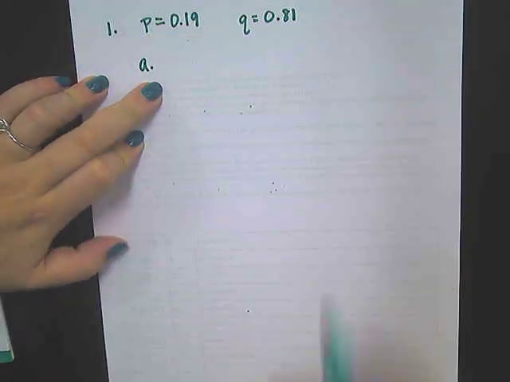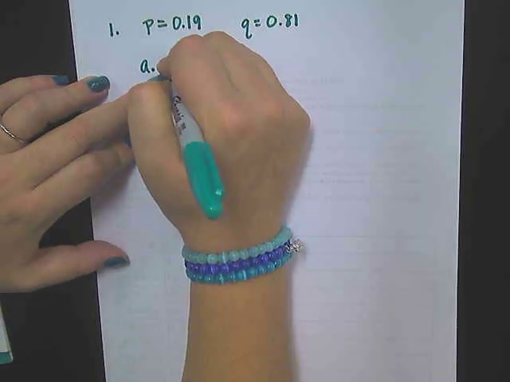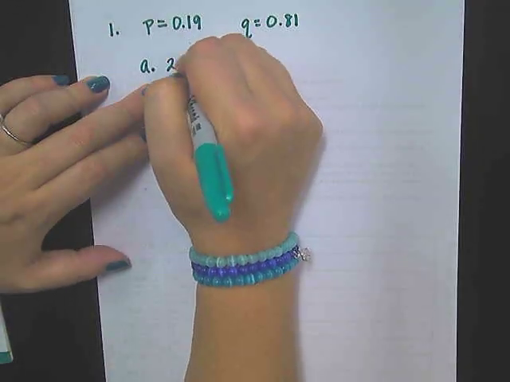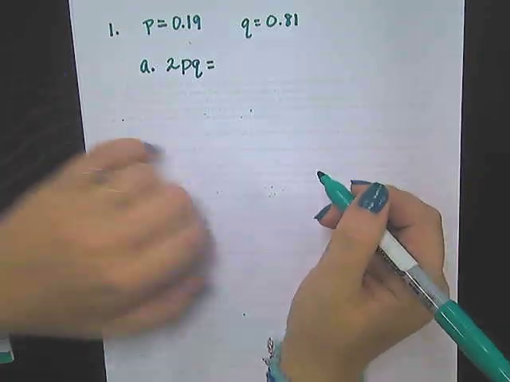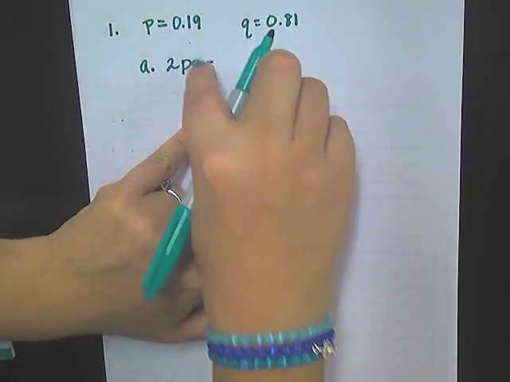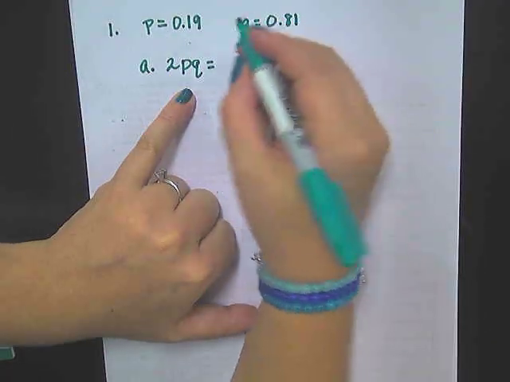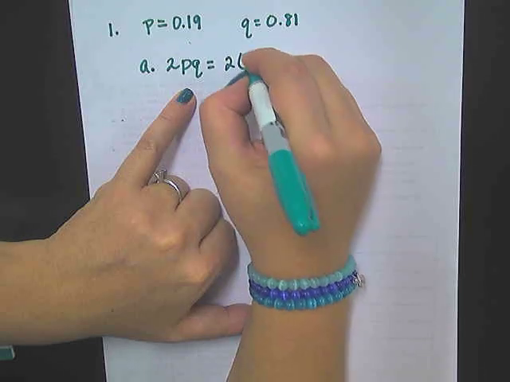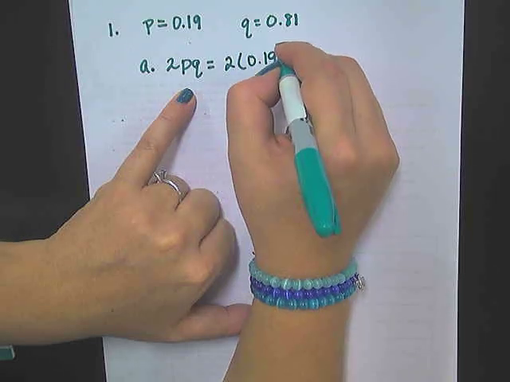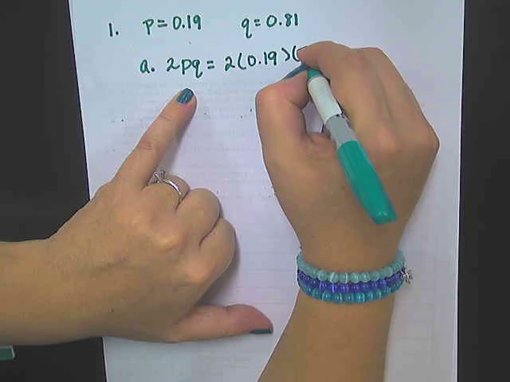Now to calculate the percentage of heterozygous individuals in the population. So for part A, what we are doing is heterozygous frequency is 2 times p times q. So I'm going to go ahead and substitute these values in to where they go in the letters. So 2 times p times q.